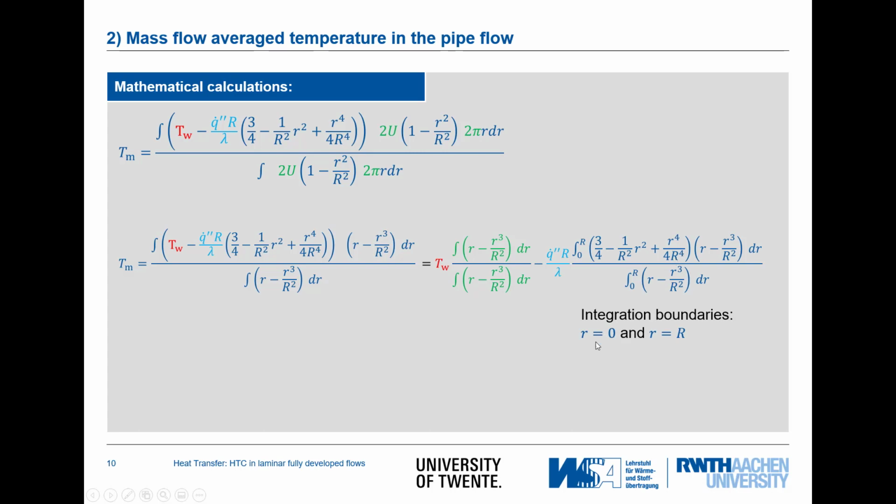If we do that with the boundary conditions at r equal to 0 and at r equal to R, so that's the pipe area that we are integrating for, we finally get the mean temperature, the correct average temperature of the fluid, equal to the wall temperature minus 11/24 times the heat flux q dot double dash times the radius divided by the thermal conductivity. So with this knowledge, we can do the next steps to calculate the average heat transfer coefficient.